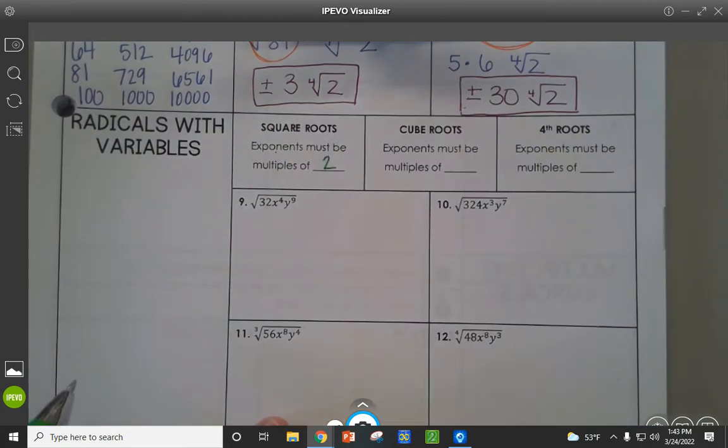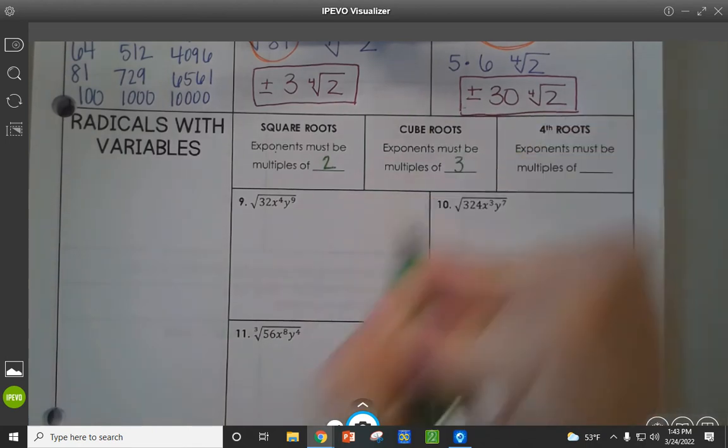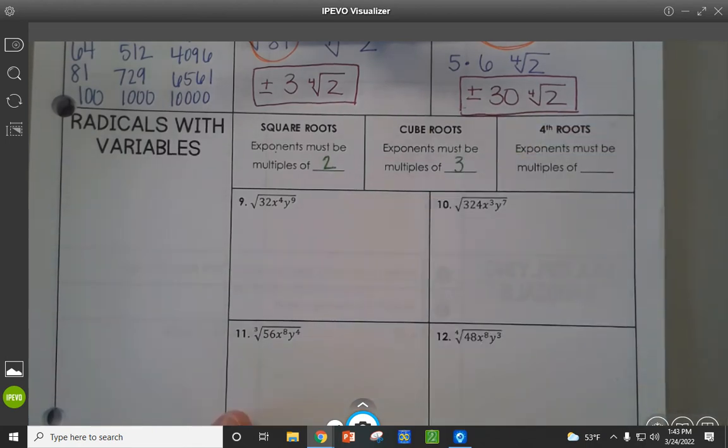Cube roots, your exponents need to be multiples of 3. So what do you think exponents should be multiples of if it's a fourth root? 4. Good. So gotta keep that in mind.